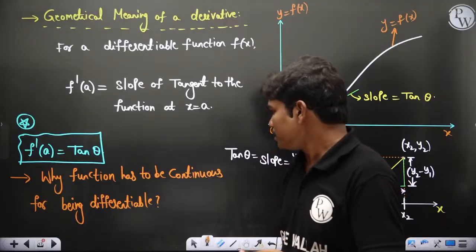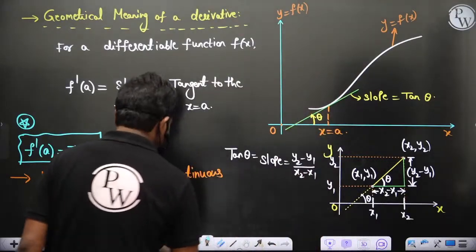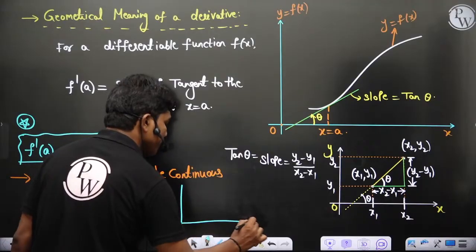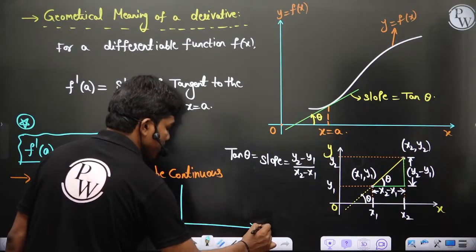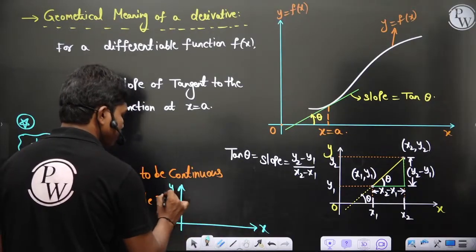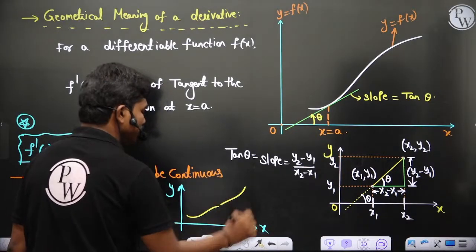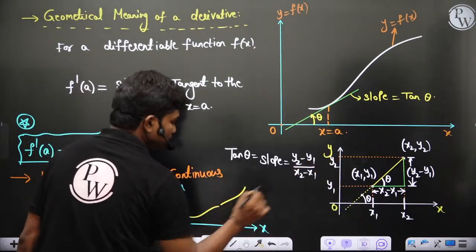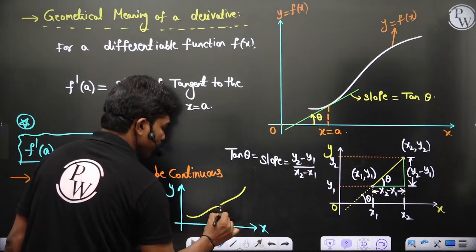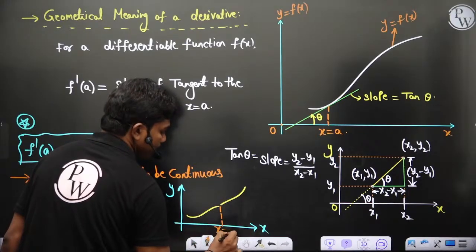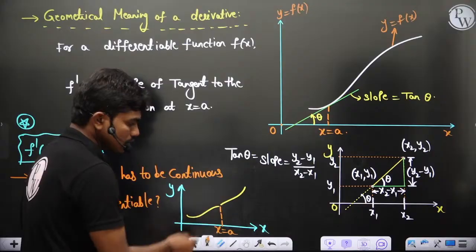See, if the function is something like this, with axes x and y, and let's say this is the point x equal to a, is it possible to draw a tangent here?